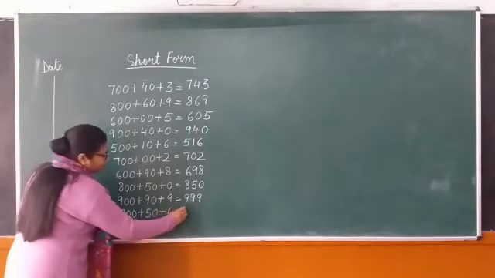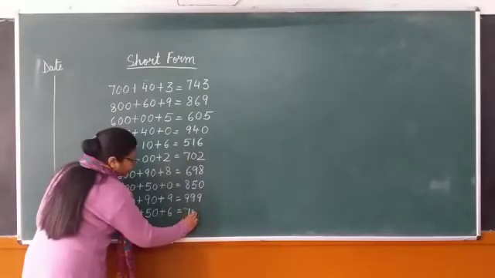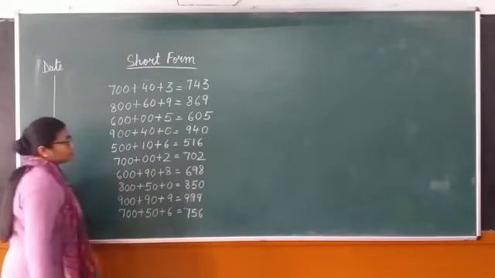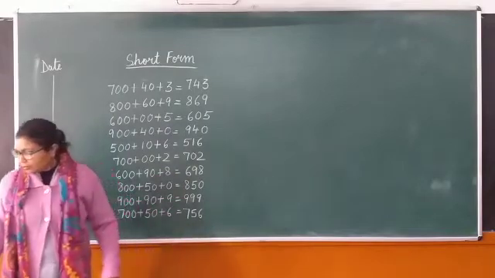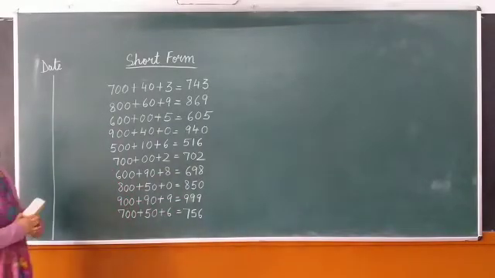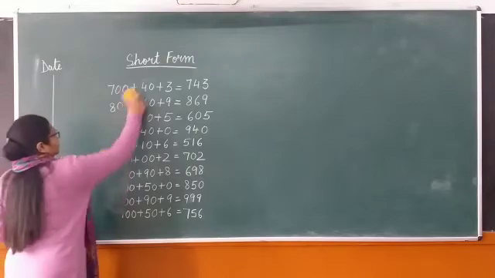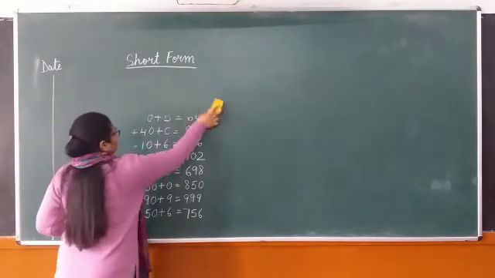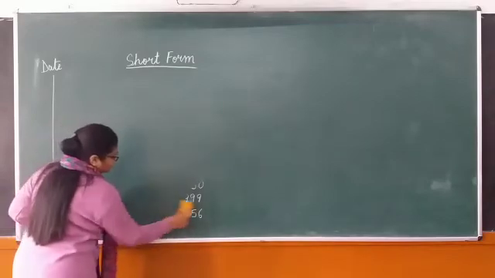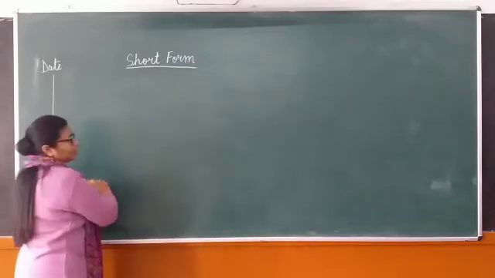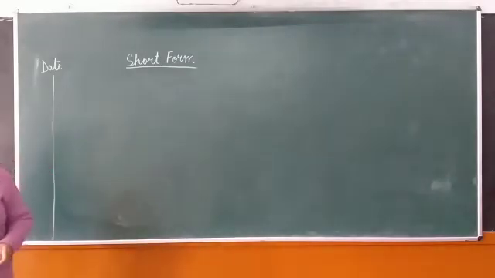So this will be 756. So this is how you will do your short form. I hope boys that you all have understood how you have to do your short form.